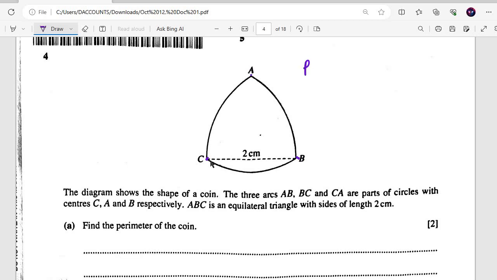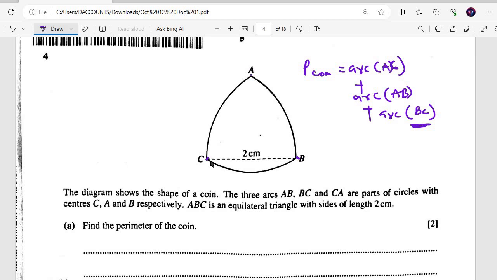So the perimeter of the coin, the coin is made up of arc AC plus arc AB plus arc BC. That's the coin.